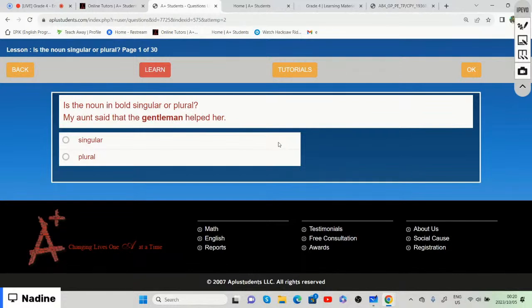You can look specifically at the word man. That will tell you if it's either singular or if it is plural. So my aunt said that the gentleman helped her.